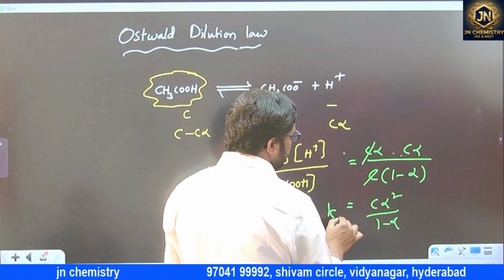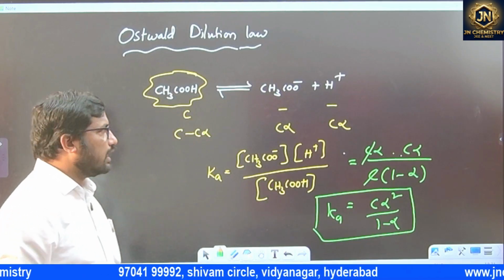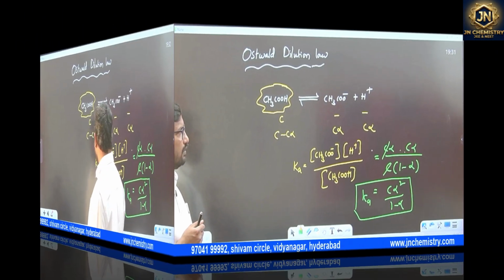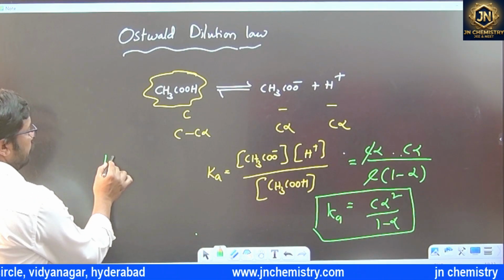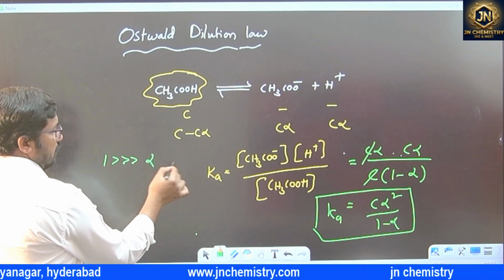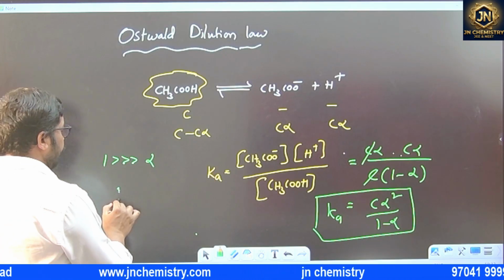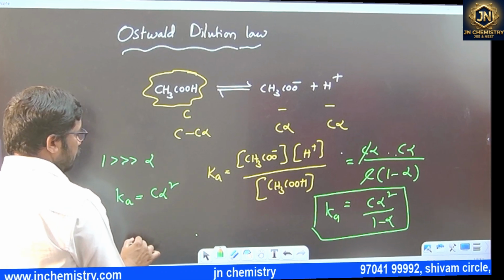Here I am taking Ka as the acid dissociation constant. Write it down: Ka is equal to C alpha square by 1 minus alpha. In the denominator, we can neglect alpha since 1 is far greater than alpha. Ka is equal to C alpha square.